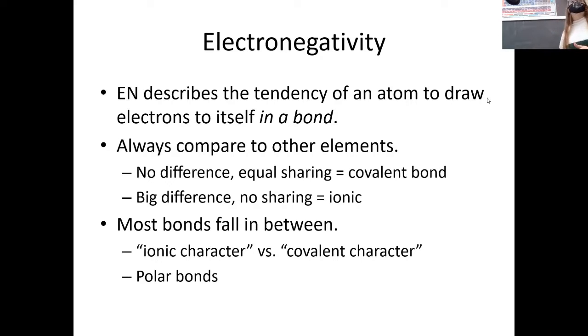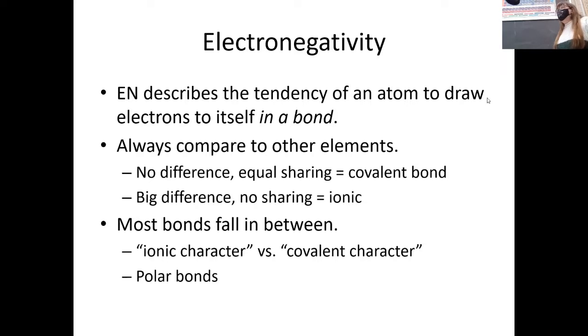And we'll take a closer look at that in just a minute. Your book kind of gives you some defining points. What I'd like you to remember is that if it's a metal and a nonmetal, it's ionic. If it's two nonmetals, it is covalent. And then, of course, if it's two metals, it's going to be metallic.